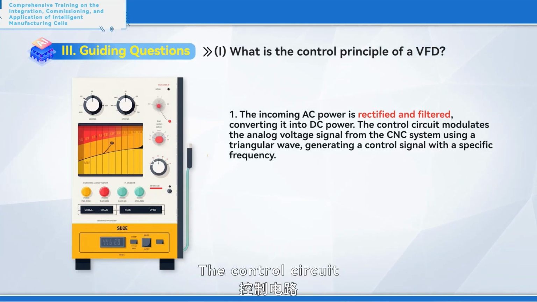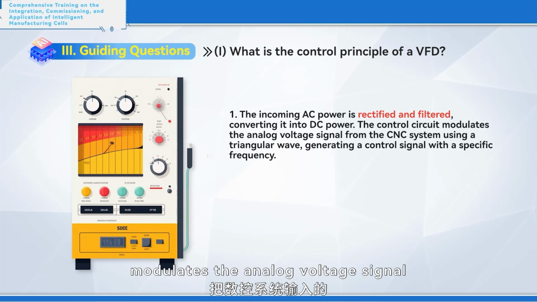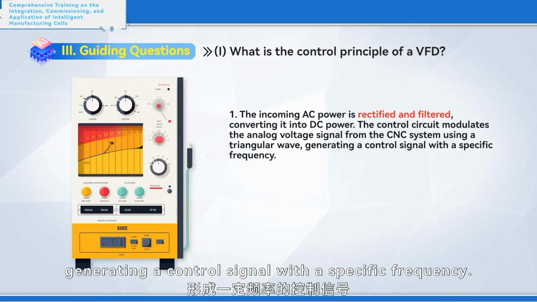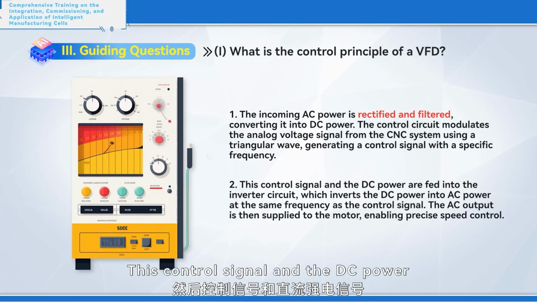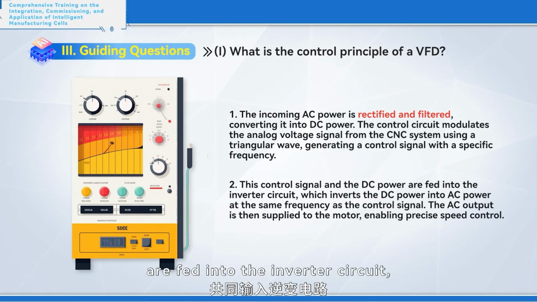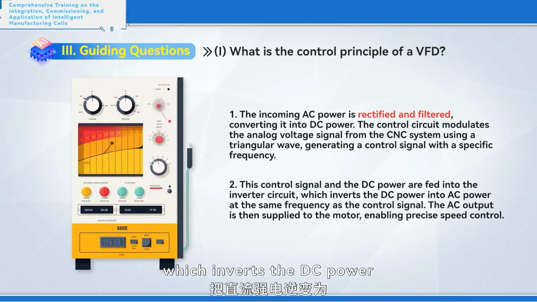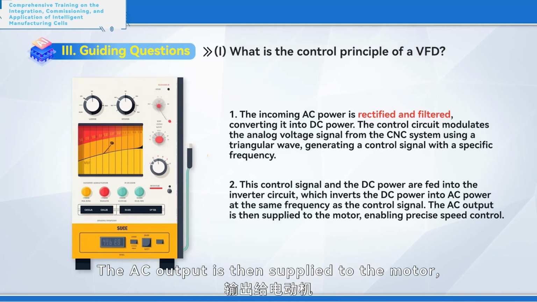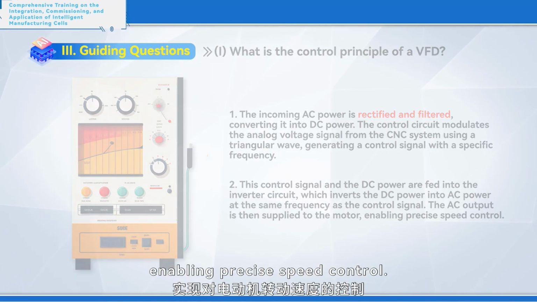The control circuit modulates the analog voltage signal from the CNC system using a triangular wave, generating a control signal with a specific frequency. This control signal and the DC power are fed into the inverter circuit, which inverts the DC power into AC power at the same frequency as the control signal. The AC output is then supplied to the motor, enabling precise speed control.